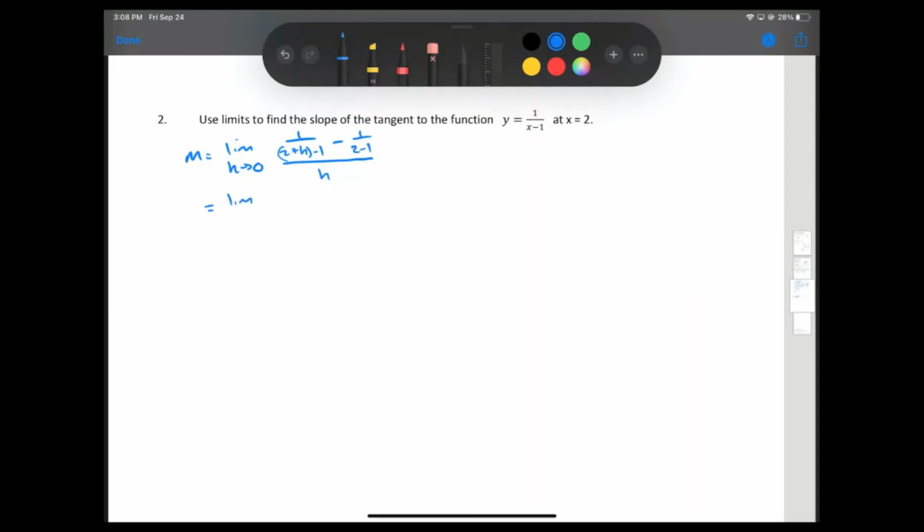Equals the limit as h approaches 0 of 1 over 2 plus h minus 1, which is just h plus 1, or 1 plus h, doesn't matter, minus 1 over 1, which is 1, all over h.